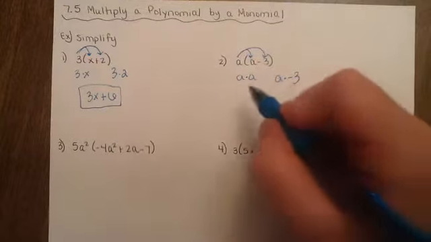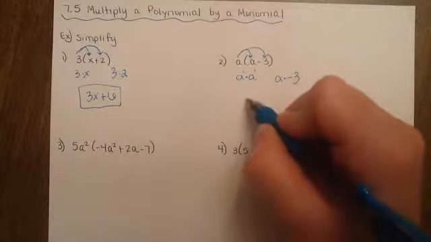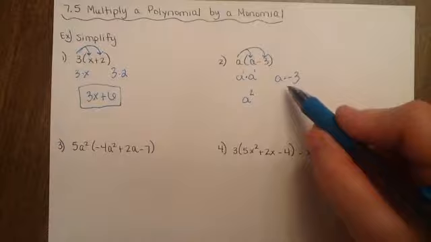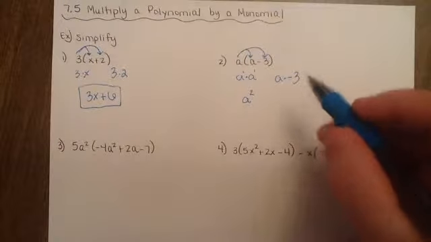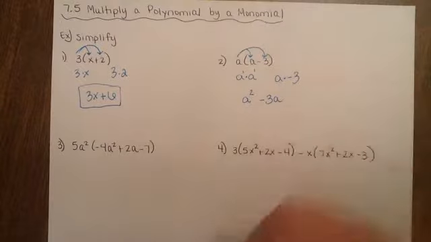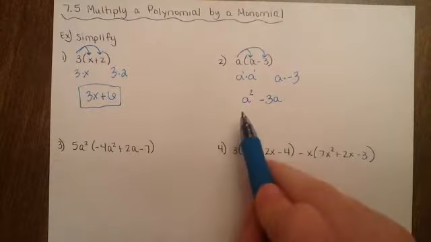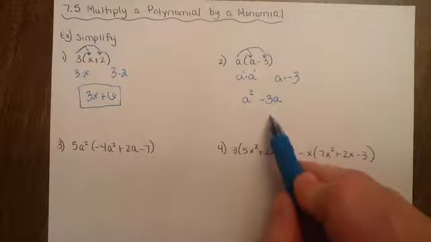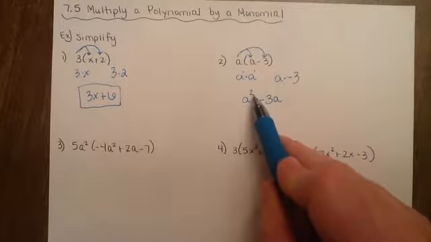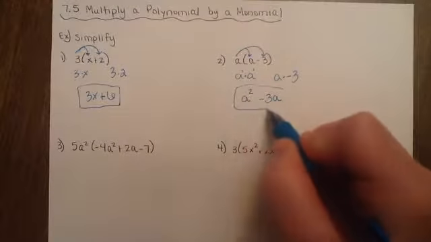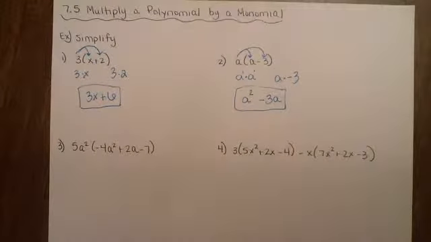A times a is a squared, add your exponents, and a times negative 3, you put the number out front, negative 3a. Can these two pieces go together? No. Why not? One has a squared, one does not. They have to have the exact same variable and exponent to get put together. Nice job.